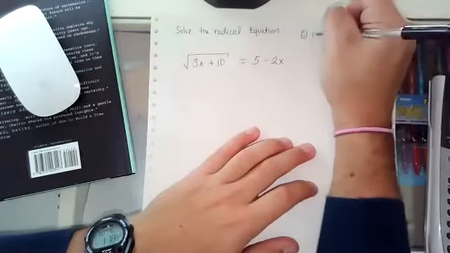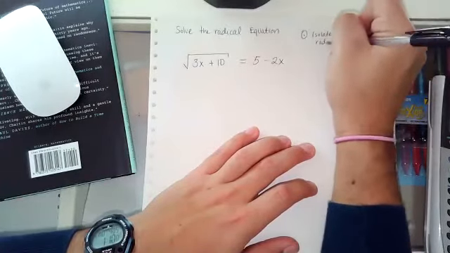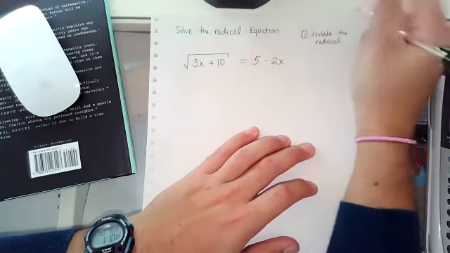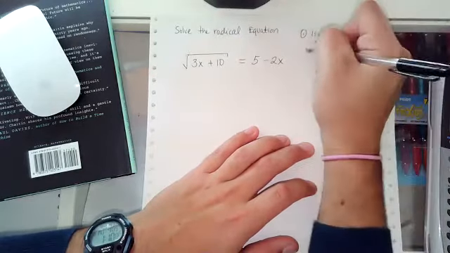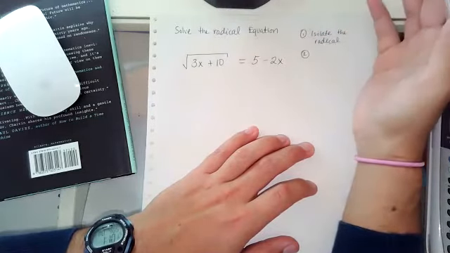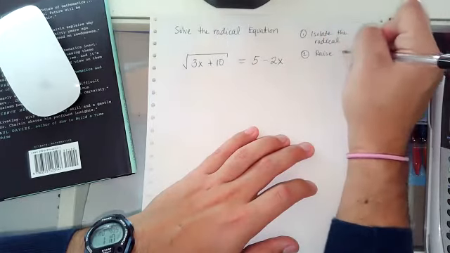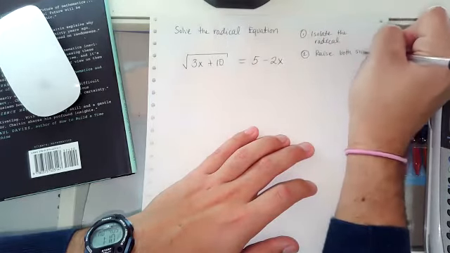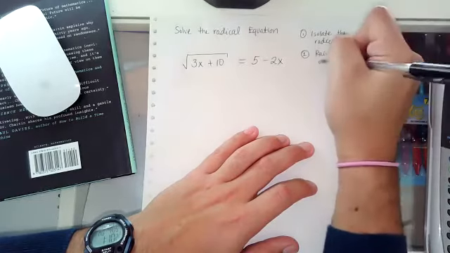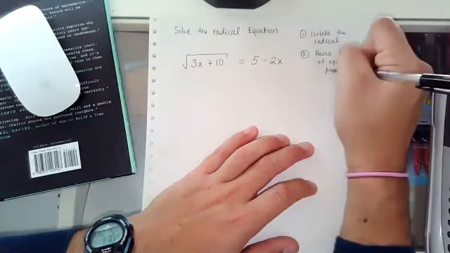We want to isolate the radical expression, which in this problem was already isolated. Then we want to take the square of both sides, another way of saying that you want to raise both sides of the equation to the power 2.